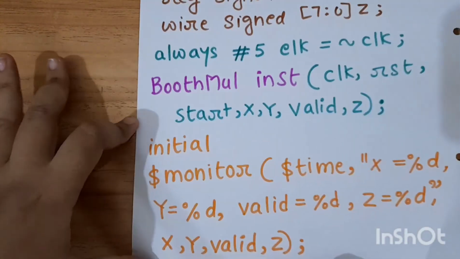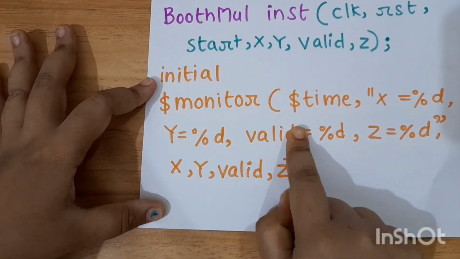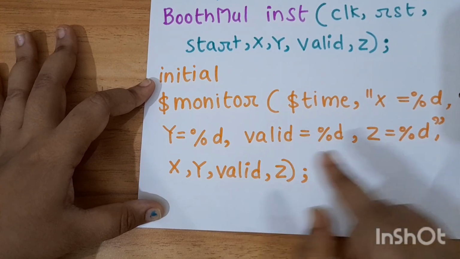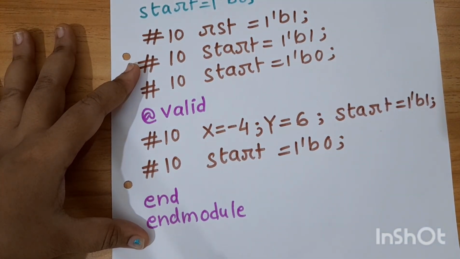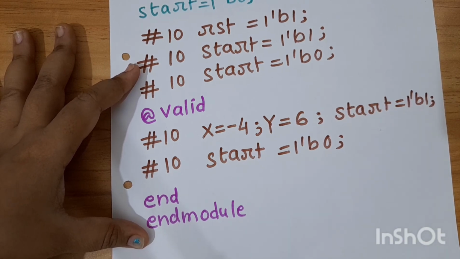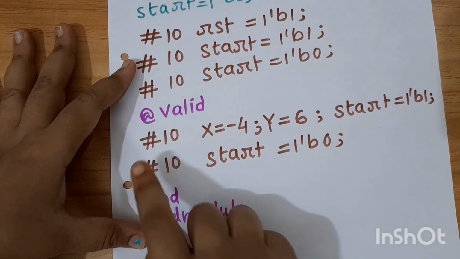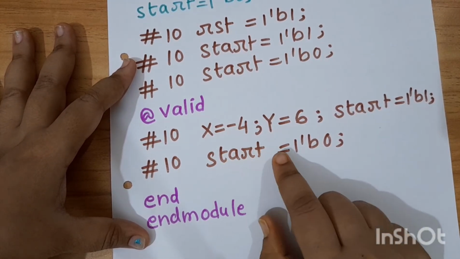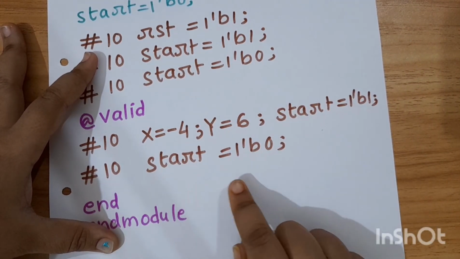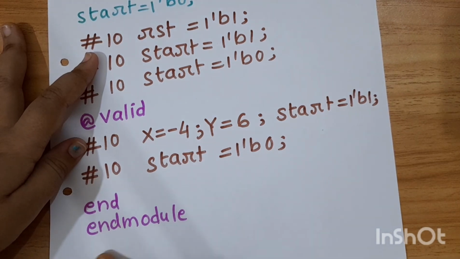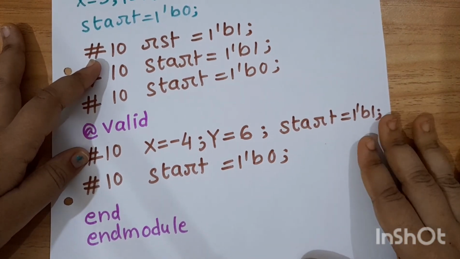Please note here no begin end statement has been used because it is only a single system task call, $monitor. Now here it is @valid, that means Z is already available, and the state machine has gone back to the idle state. Now we can send the next set of multiplier and multiplicand value. #10 X equal to -4 semicolon, Y is equal to 6. Start is equal to 1'b1 semicolon, #10 start is equal to 1'b0 semicolon, and end module. So this is the code of the test bench.